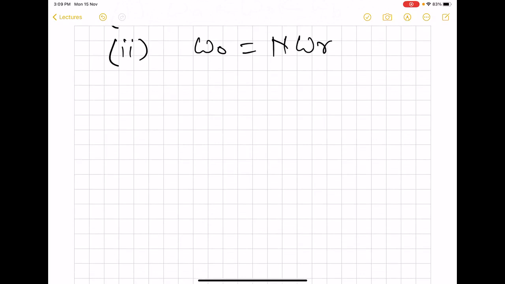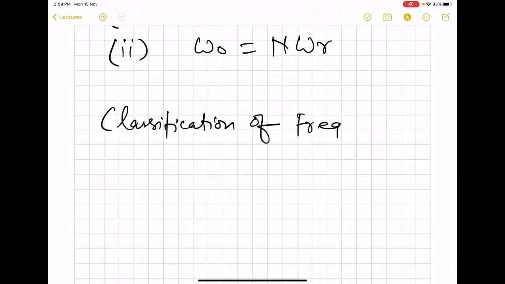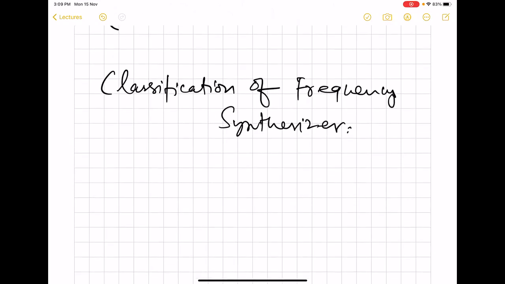Now, there are basically two broad classes or sets of frequency synthesizers. These are based upon the way the frequency synthesis is carried out.